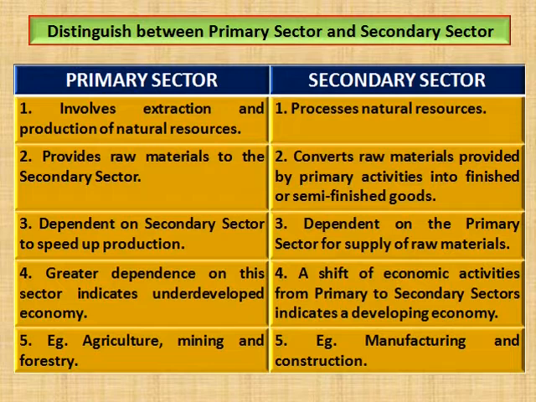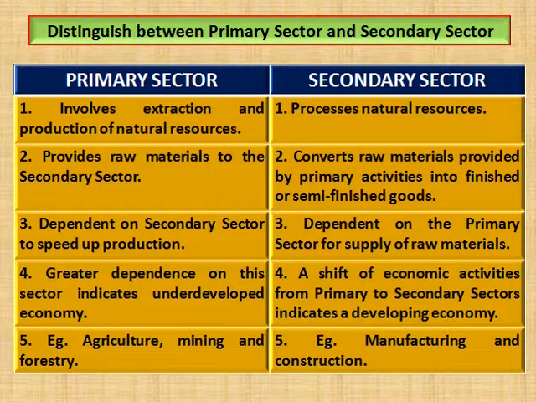The primary sector is dependent on the secondary sector to speed up production. The secondary sector is dependent on the primary sector for supply of raw materials. Greater dependence on the primary sector indicates an underdeveloped economy.